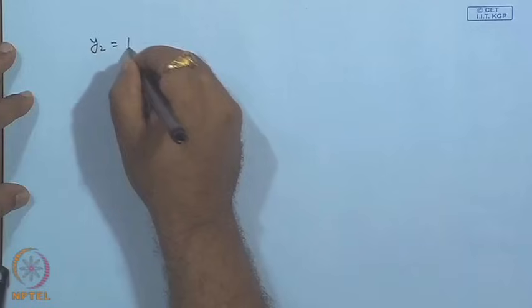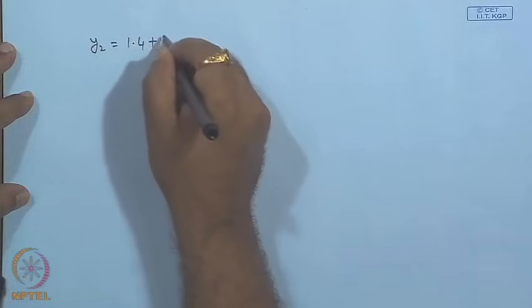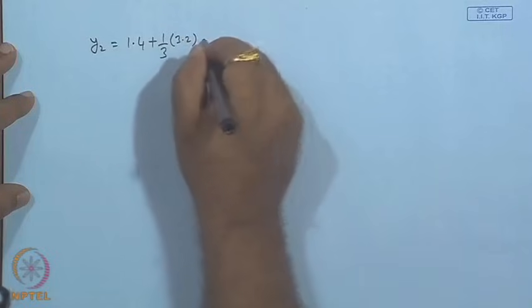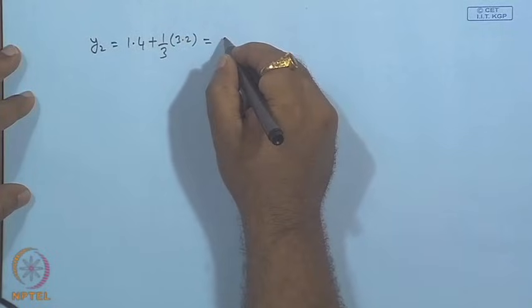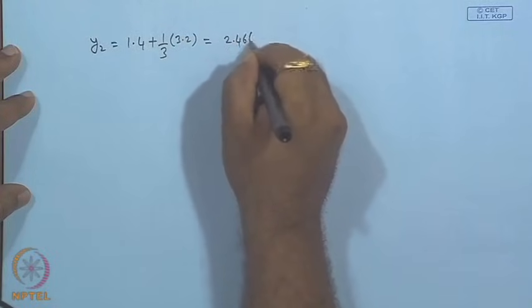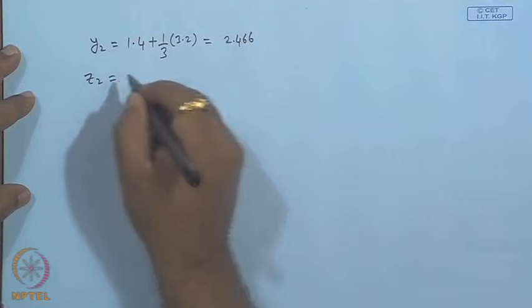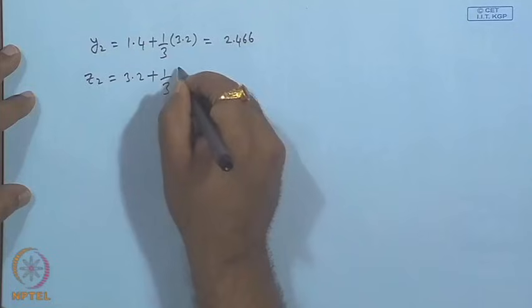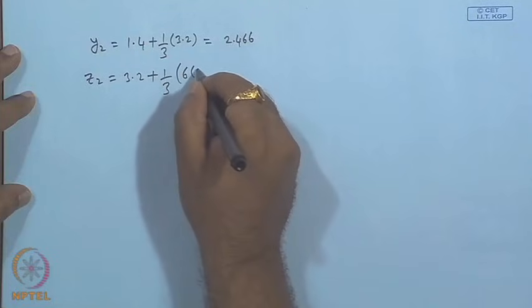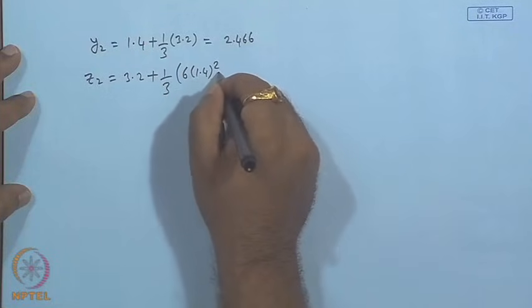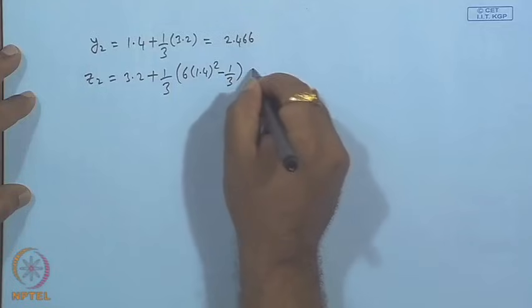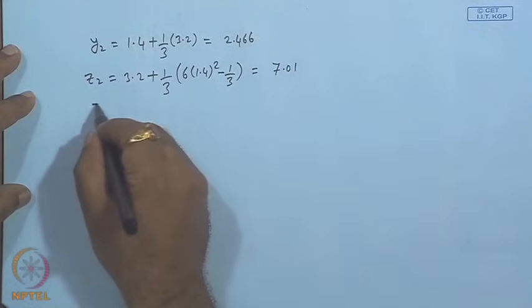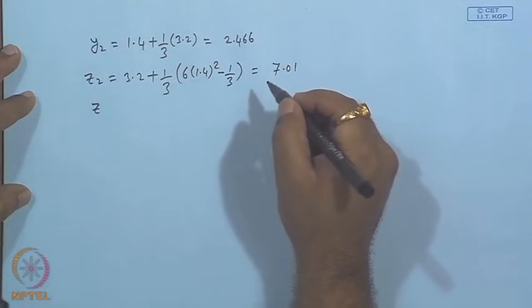Then we proceed further: y 2 is y 1 plus h z 1, and z 2 is z 1 plus h times 6 y 1 square minus x 1. So, this I have computed. Okay.